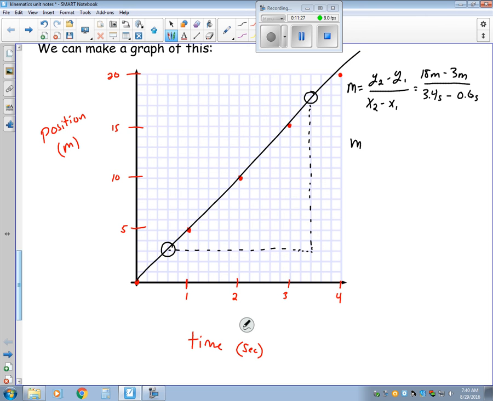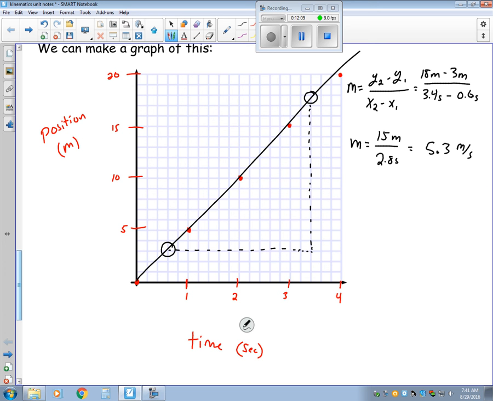So the slope then looks like that's going to be 15 meters divided by, let me grab a calculator, I'm not very prepared right now.